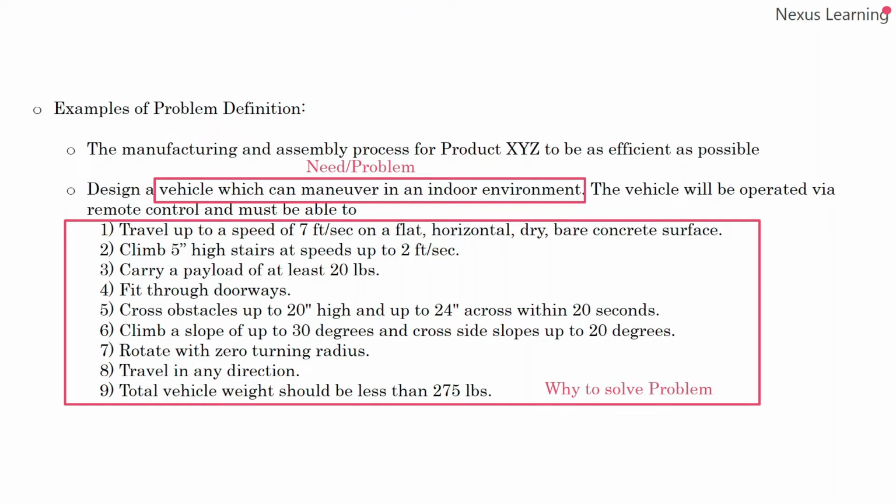So an example of problem definition: the manufacturing and assembly process for product XYZ should be as efficient as possible, or design a vehicle which can maneuver in an outdoor environment. The vehicle will be operated by a remote control and must be able to travel over all those sorts of terrain. There are needs which are bigger. We have to define what is the problem and why it needs to be solved.